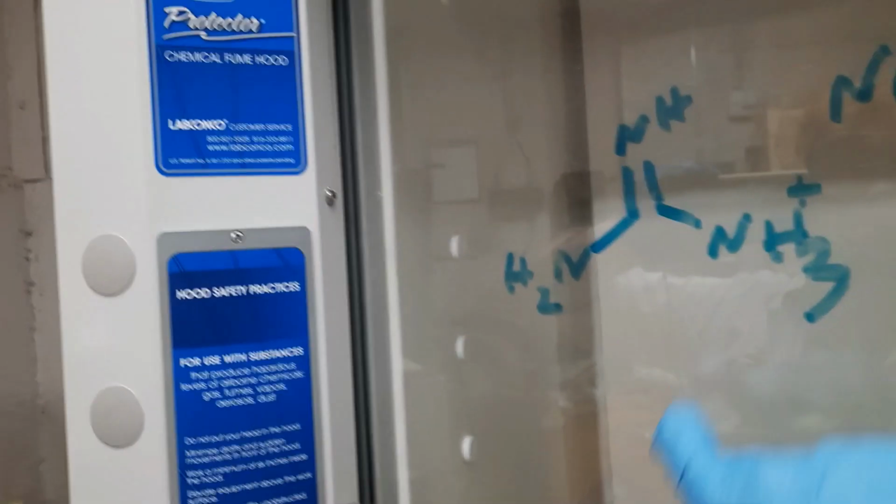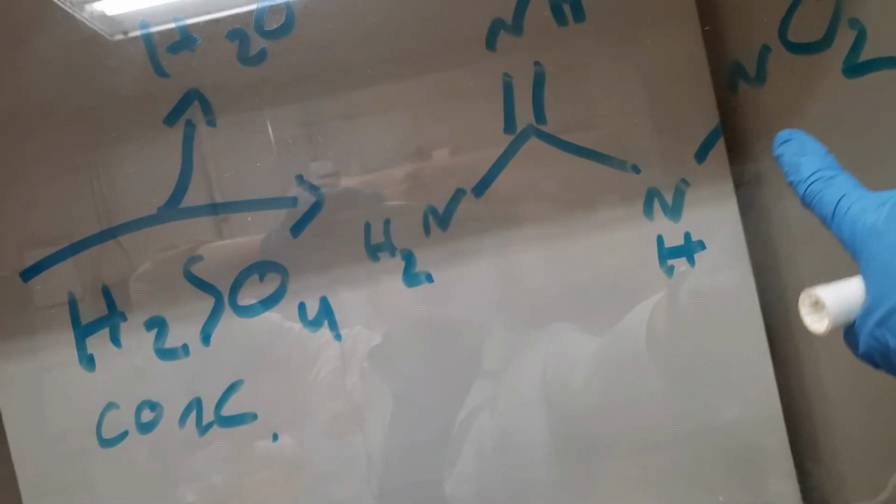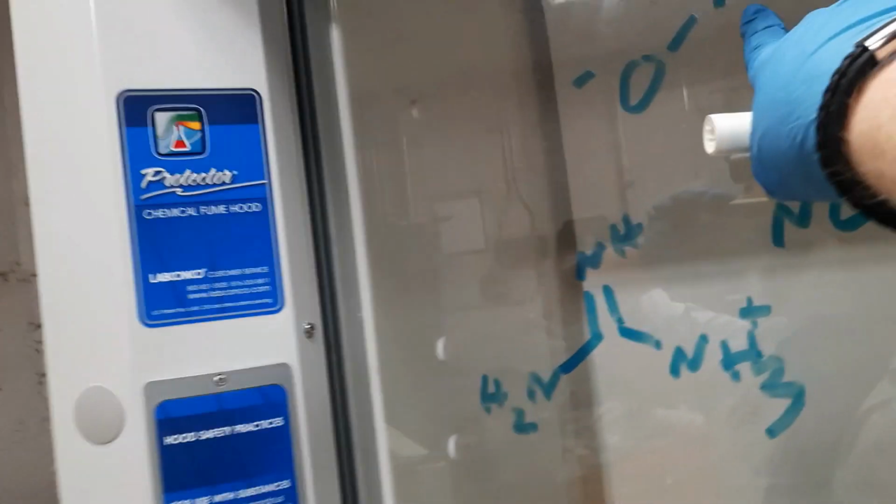So even though this is a negative charge and that's a positive charge, in order to get the nitrogen to attach to nitrogen, this positive charge has got to go into there.